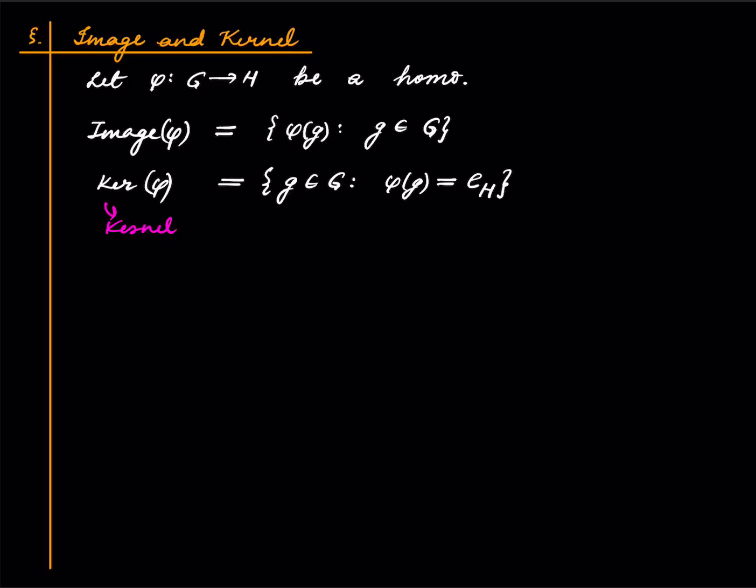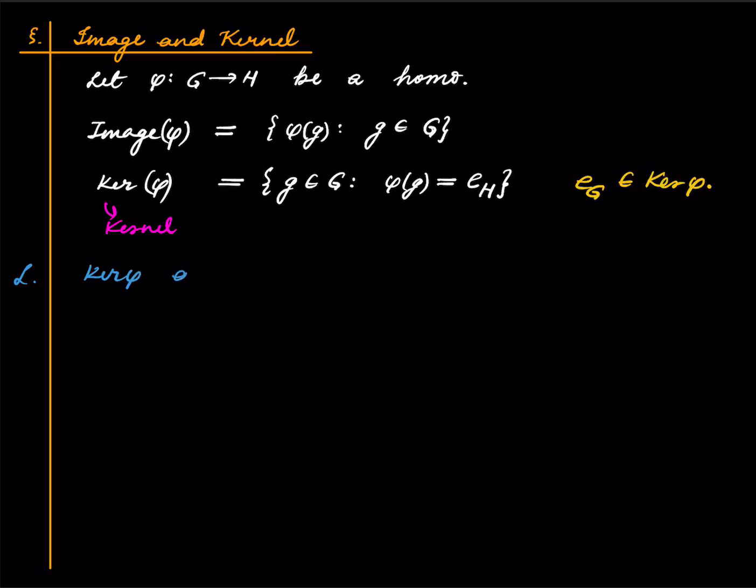And note that the identity of G lies in the kernel of phi. So you pick any homomorphism and consider its kernel, then that is non-empty. In particular, the identity of the group will lie in the kernel. Okay? Right, so we have this definition, and here is a simple fact or lemma.